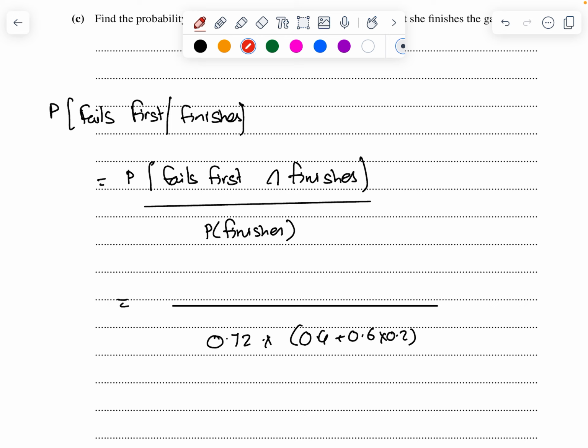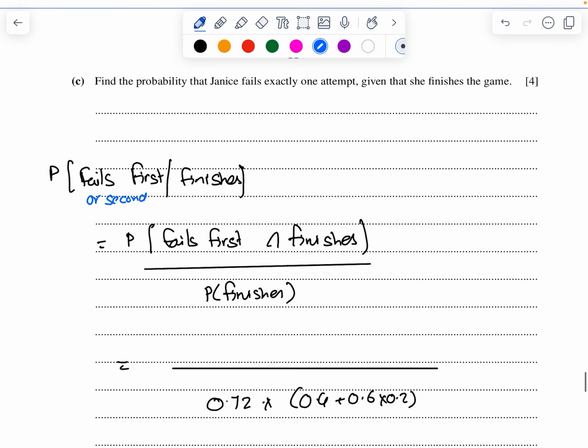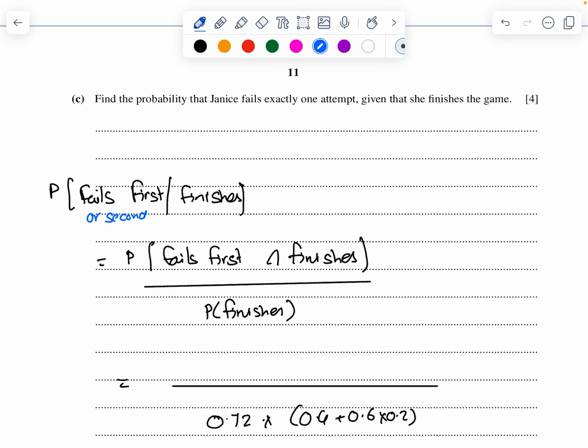She fails one attempt. One attempt means it can be either the first attempt or the second attempt. She fails the first attempt or the second attempt, and she finishes the game.